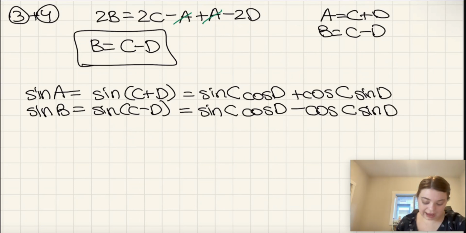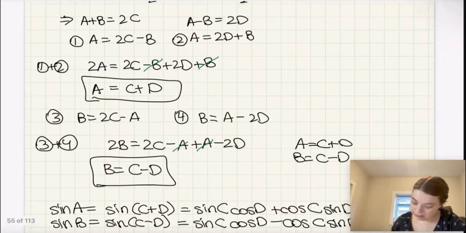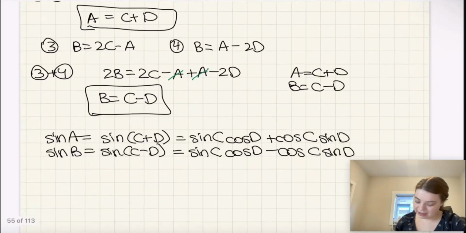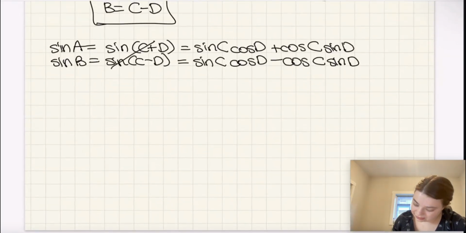Then we need to add these two things together. The reason we know we should add these two equations together is that at the end of the day, what we want is sine A plus sine B equal to some stuff, right? So I'm going to add these sides together and disregard this middle step.